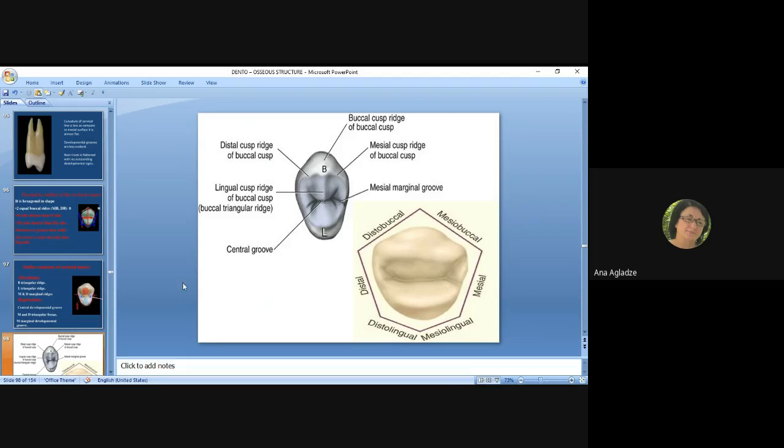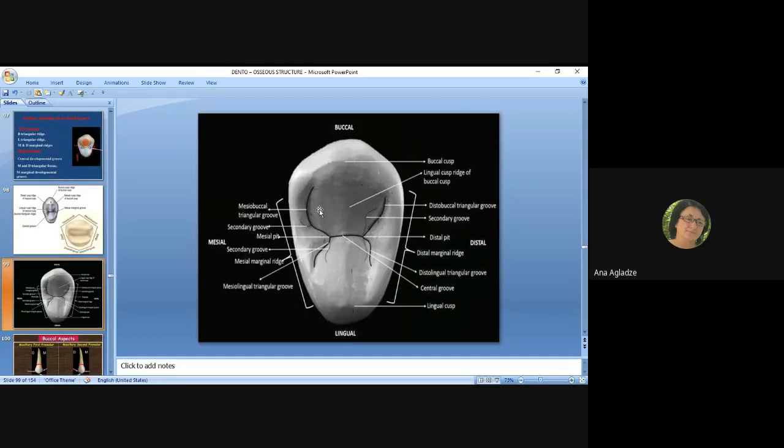Yes. Then here you can see all this structure. It is a buccal cusp, it is a lingual cusp, this is central groove, and also this is distal marginal ridge, this is marginal ridge, and you can see this secondary groove, you can see this triangular groove, and this secondary groove.